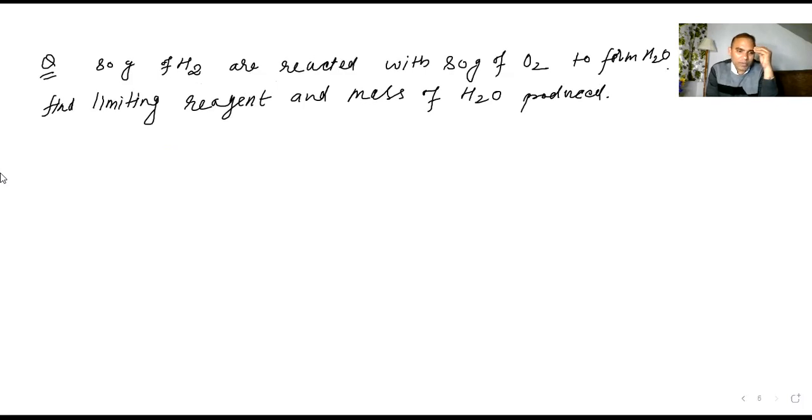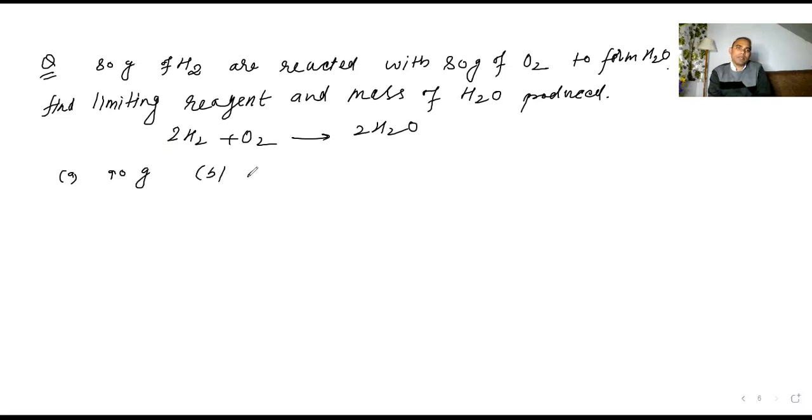So please try to solve. The equation they have given is 2H2 plus O2 giving 2H2O. The options I am giving: A, 90 gram; B, 80 gram; C, 100 gram; D, 120 gram.